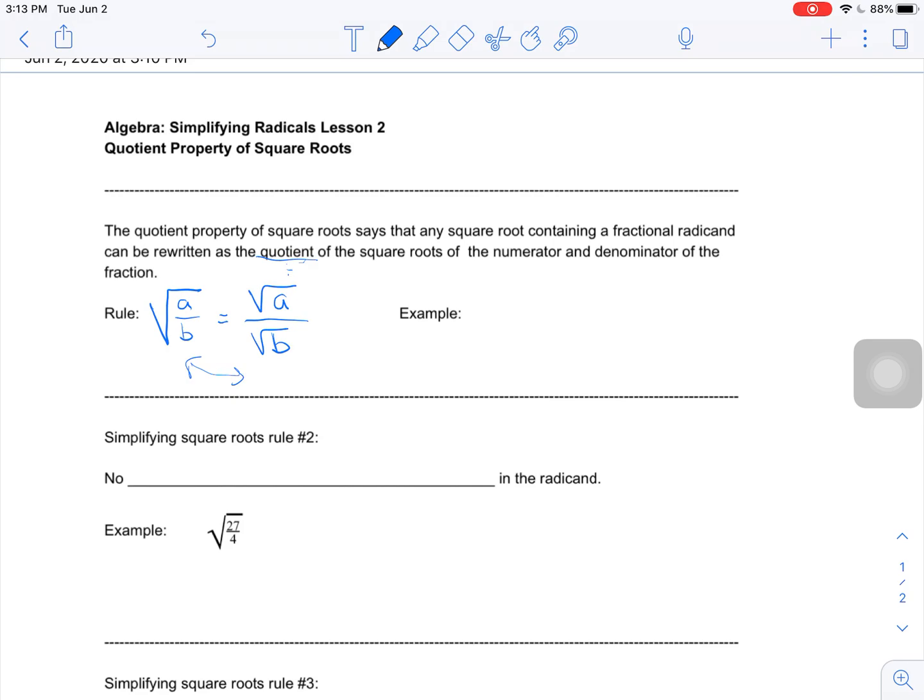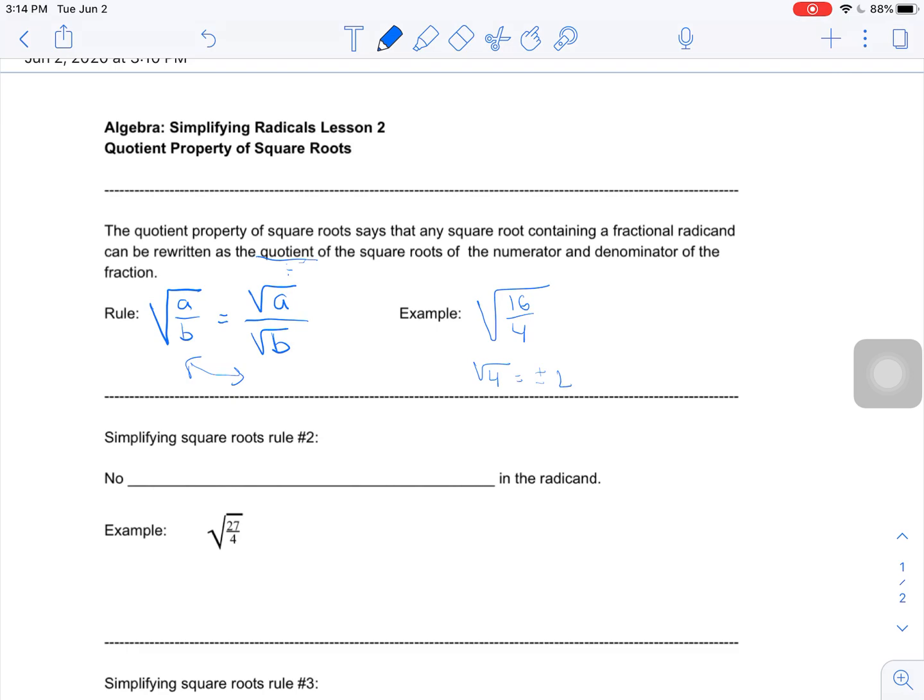Just to show you that that really does work, this is an example playing with numbers, so you can see that rule does give the same answer. I could take something like this, an intentionally easy one to work with. We know that 16 divided by 4 is the square root of 4, and the square root of 4 is plus or minus 2.